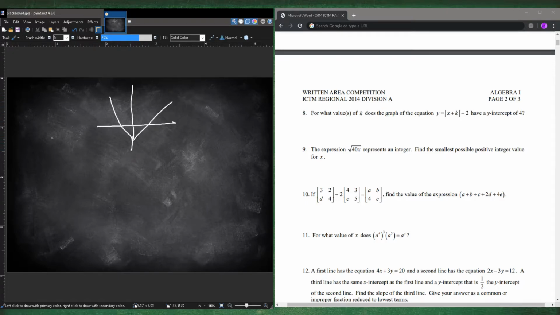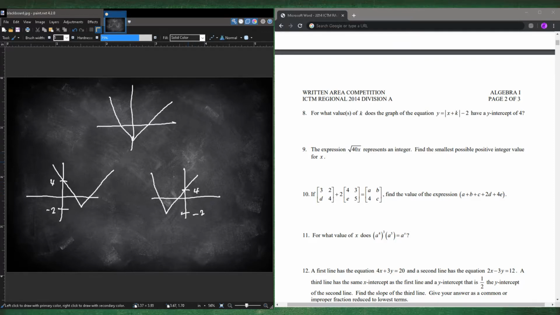It's at -2, but we're moving it to the right, and we want to make it 4. It has to be something right here. And this one's still at -2. It's right here, that's 4. And if we're moving it to the left, we have something like this. So this point still is at -2, but right here is at 4.